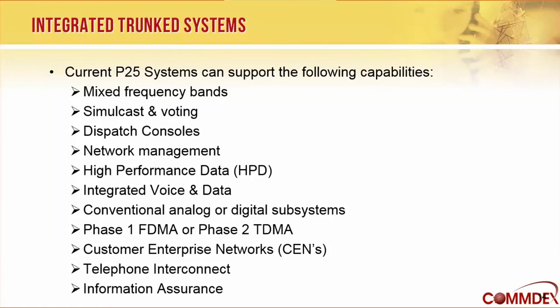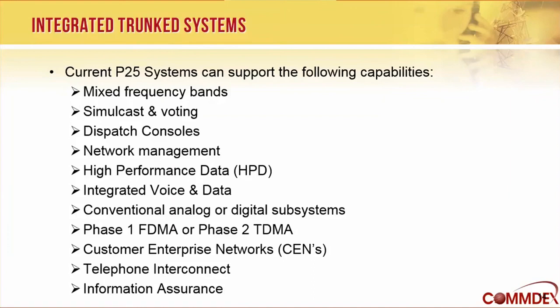And your trunk system is also going to support customer enterprise networks. These are IT networks that are not specifically part of the trunk system, but can integrate with the data portion of the trunk system. And some examples of those would be computer-aided dispatch systems or unit location systems, the GPS-based vehicle location systems.